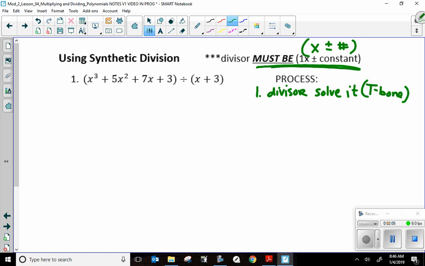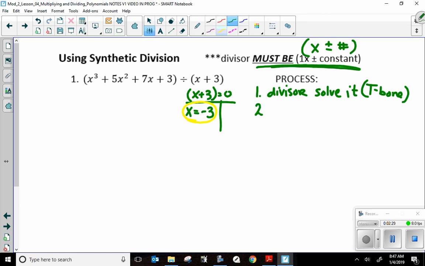So I'm going to take my x plus 3, set it equal to 0, and T-bone it, right? So x would equal negative 3, because negative 3 plus 3 is 0. That's the first thing I do, and this is where I start everything. That's number 1.